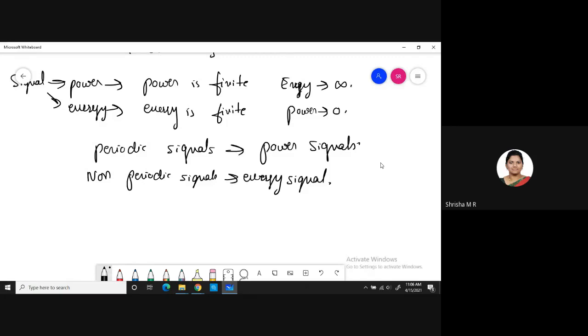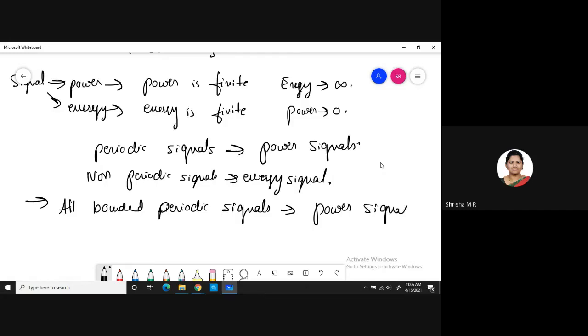So we'll see that. All the bounded signals, as I told you, what are bounded signals? Bounded periodic signals. So all the bounded periodic signals are power signals. They don't converge to a finite value.